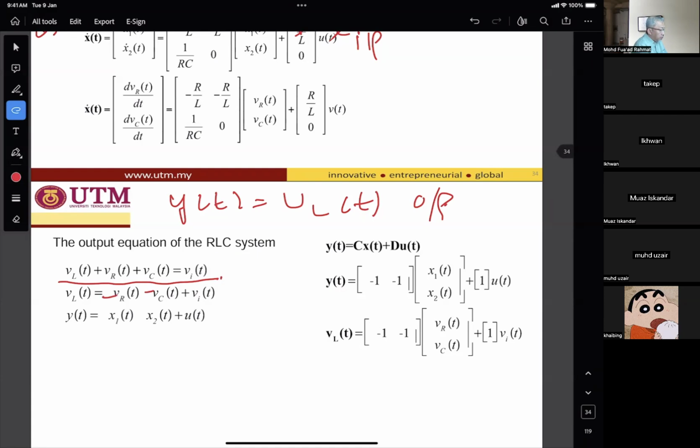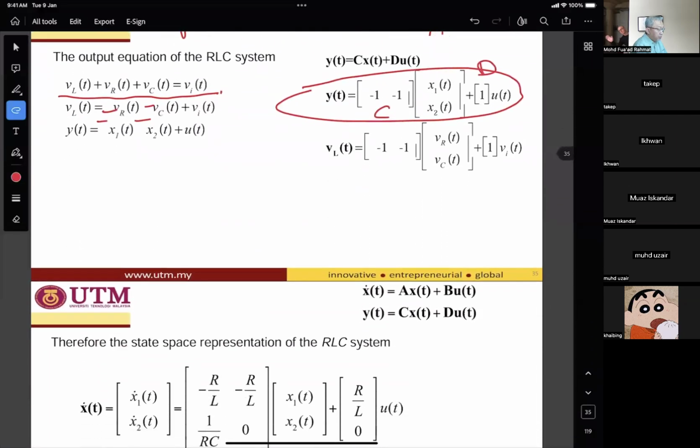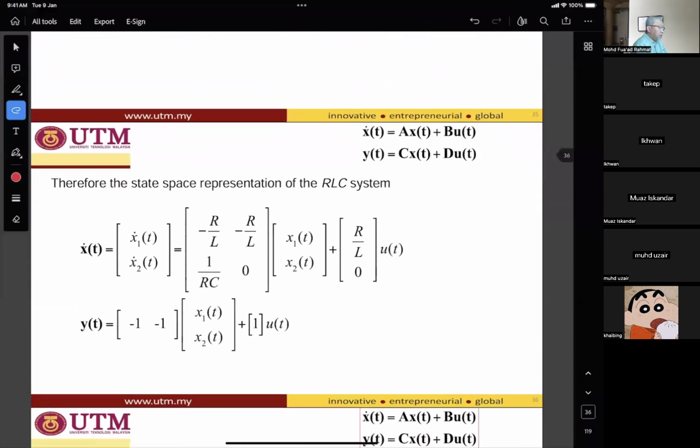So it will become minus x1 minus x2 plus U. So therefore, the output equation is minus 1, minus 1, which is matrix C, multiplied with the state vector, plus matrix D times U.